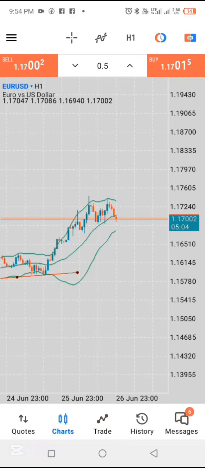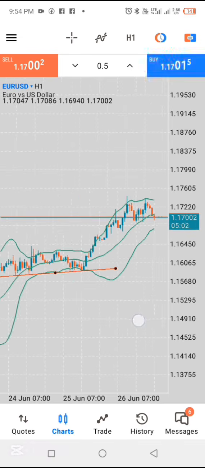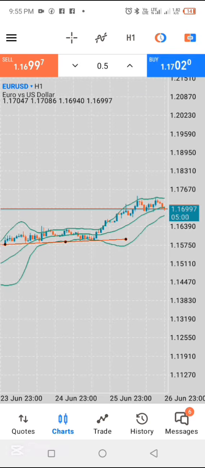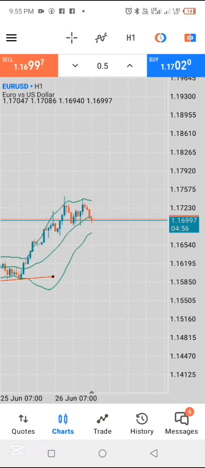So the principle behind Bollinger Bands is this: if price moves to the upper band, then automatically the market is supposed to sell.